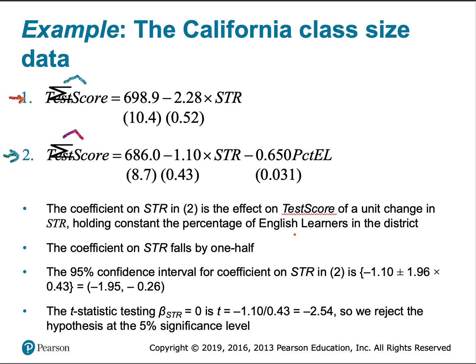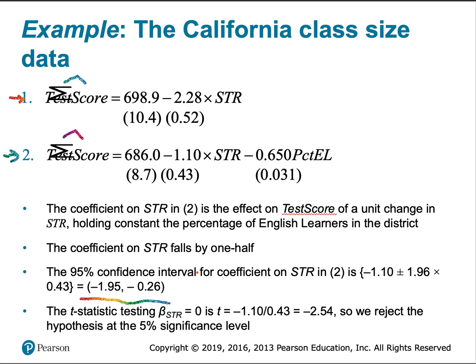We can construct a 95% confidence interval for the coefficient on student-to-teacher ratio in equation 2. That is negative 1.1 plus or minus 1.96 times the standard error, which is 0.43, and that gives us a 95% confidence interval for the true population coefficient of negative 1.95 to negative 0.26.